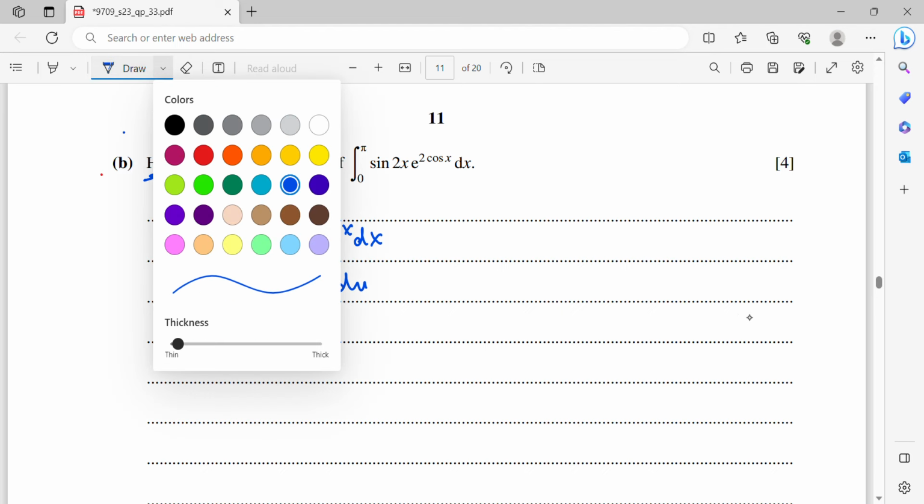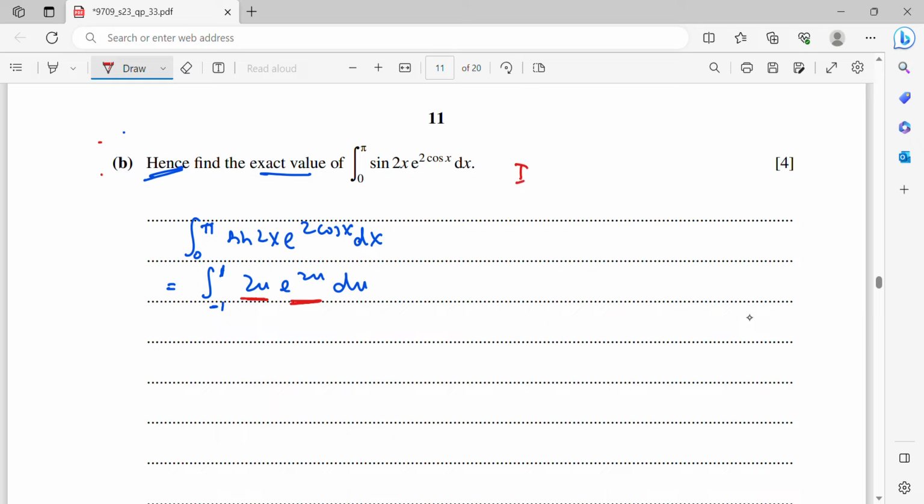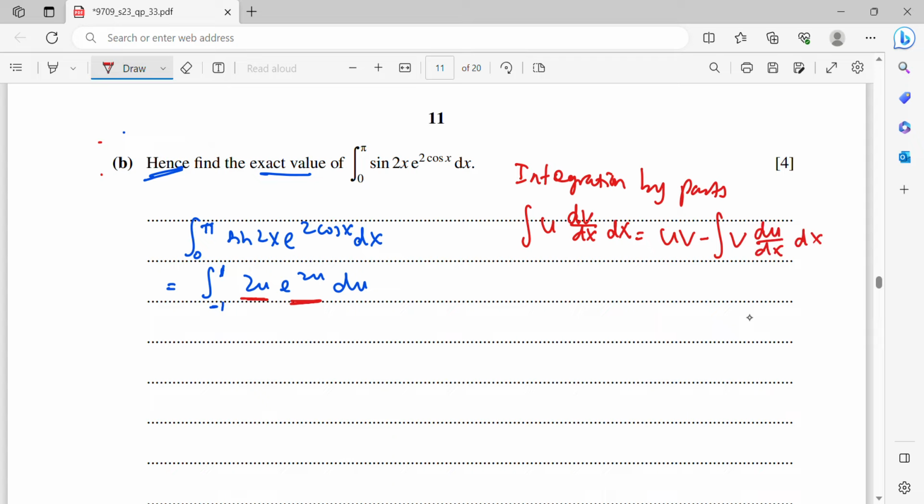According to integration by parts, integrate u dv over dx is uv minus integrate v du over dx. This is for the indefinite integral. And now we have limits, therefore, with limits a to b, you just need to add on the limits for all the terms.